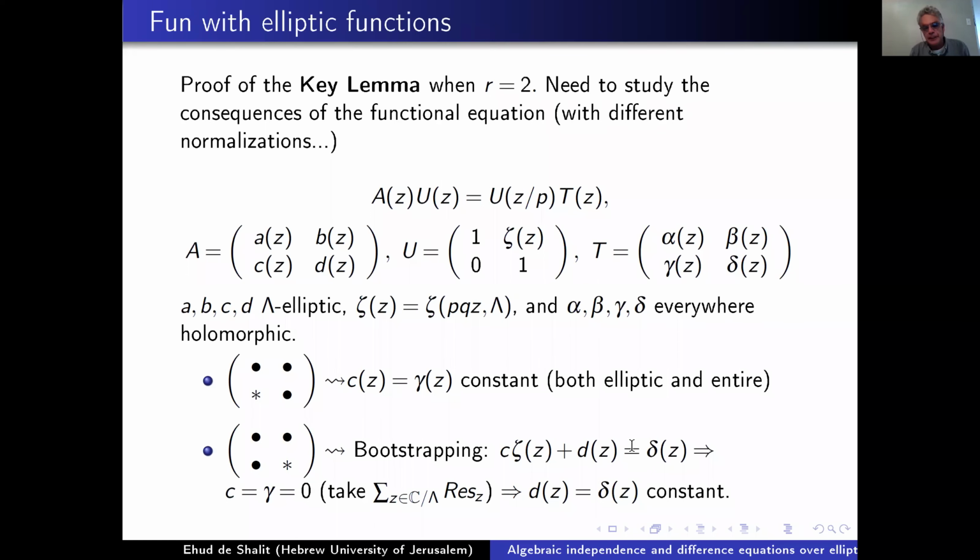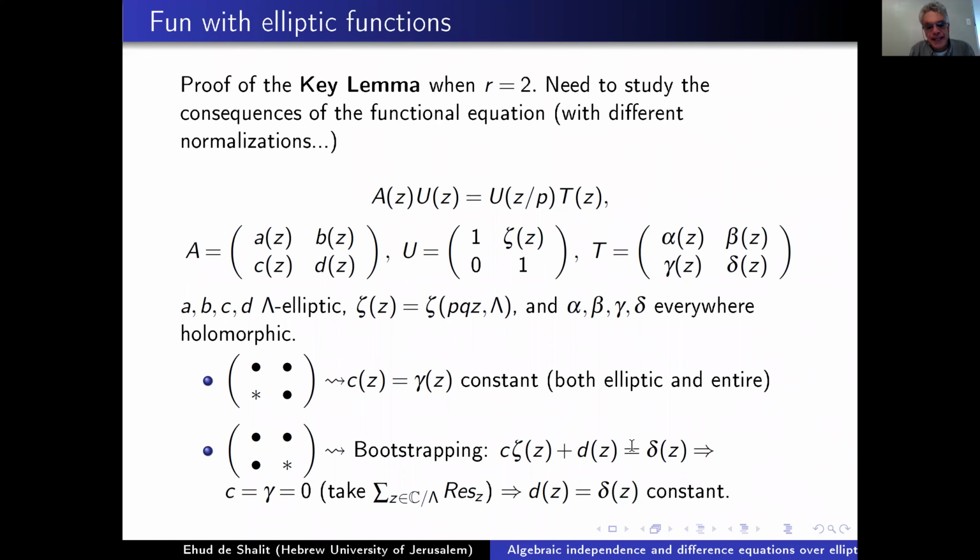Now, zeta is not elliptic, but what you can do is sum the residues over a fundamental domain for lambda. And the sum of the residues of delta is, of course, 0, because delta was everywhere entire, no residues. The sum of the residues of D is 0, because it's elliptic, and the sum of the residues of zeta is 1.